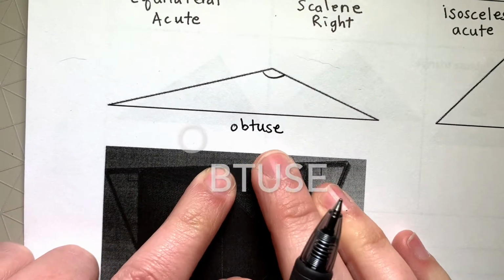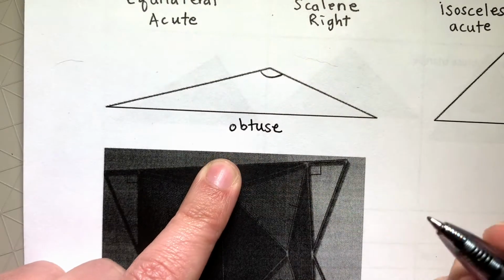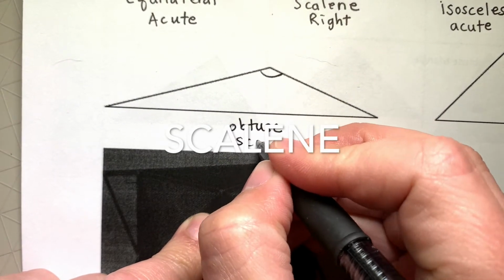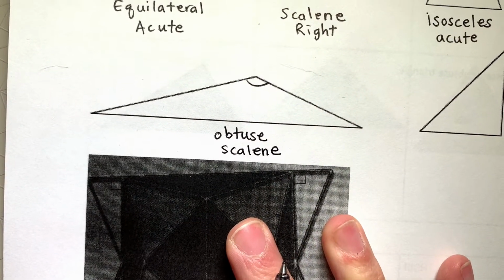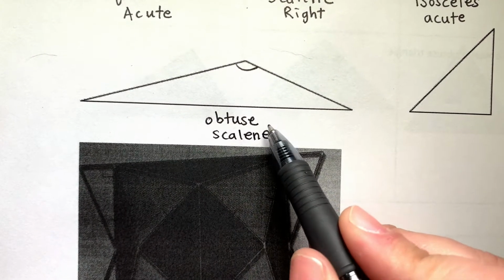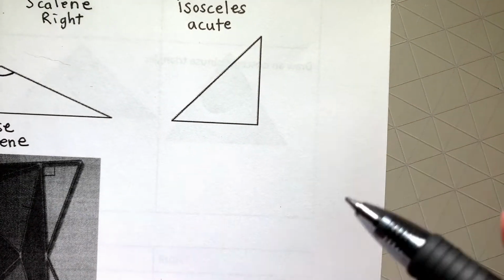And this time I'm starting by naming the triangle by its angle. So it is an obtuse, and none of the sides appear to be congruent. So it is an obtuse scalene. So again, I just named it by its angles and then its sides, but it doesn't matter which order you go in.